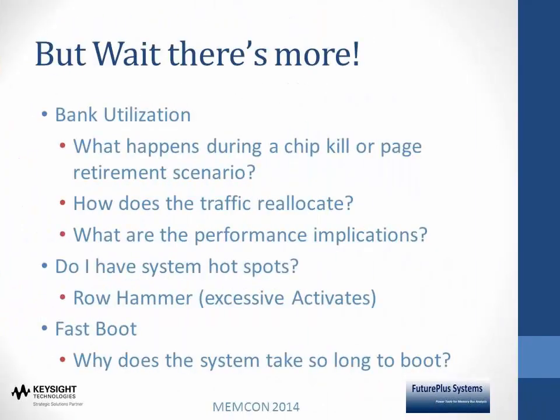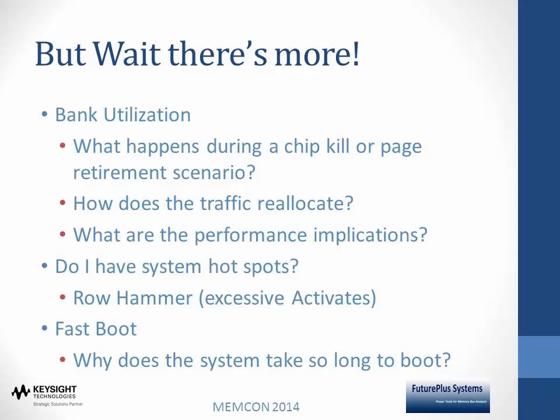But wait, there's more performance metrics that we can measure. Bank utilization. This gives a summary of traffic allocation, especially important when looking at system reliability. What happens when chip kill or page retirement occurs? How does the traffic reallocate, and what are the performance implications? This gives us an overview from a bank perspective.